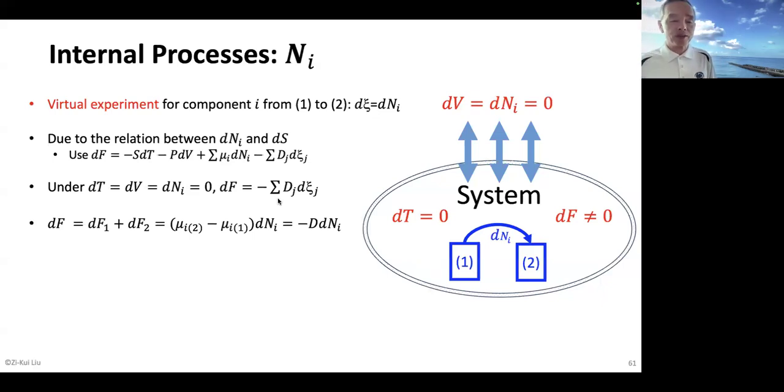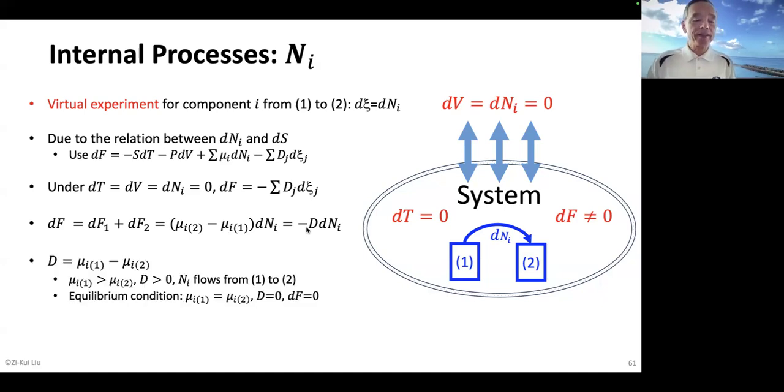This internal process changes the internal homogeneous energy as mu i at region 2 minus mu i at region 1, and equal to dNi. Then we can define d equal to mu i, the chemical potential of component i at region 1, minus the chemical potential of component i at region 2.